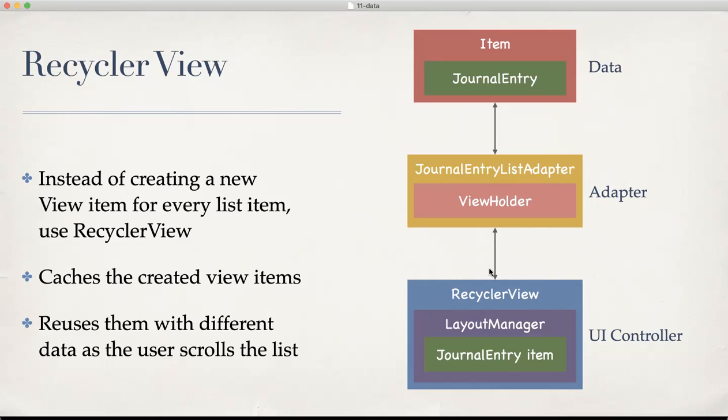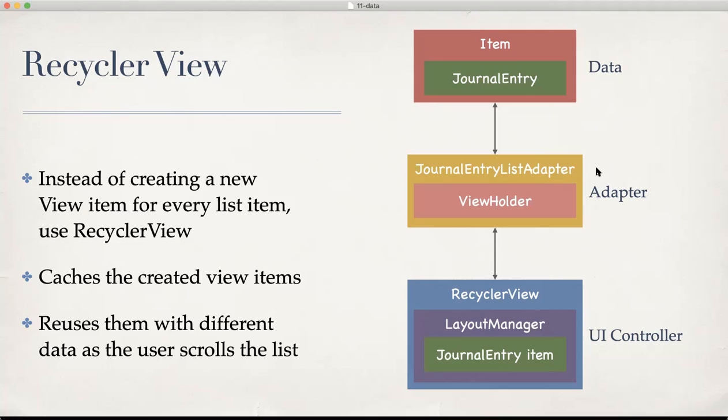We will see a recycler view here at the bottom, as you can see, and it handles a layout manager. And in our case, it is going to deal with a journal entry item. Here is the data at the top in this picture, which is an item journal entry. And then we need to access that in the UI controller. To connect these two, we have an adapter, a journal view list adapter in our case, and it has a view holder inside.